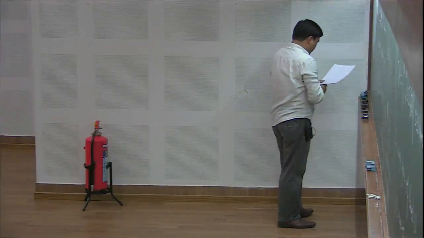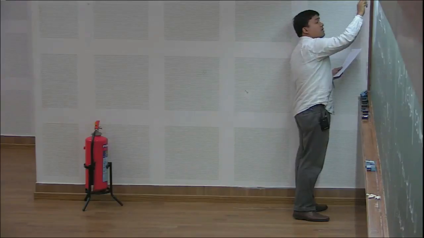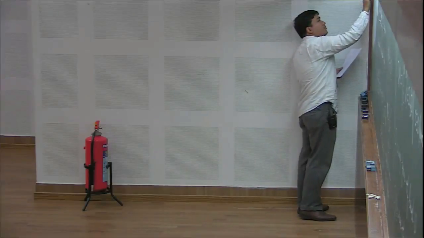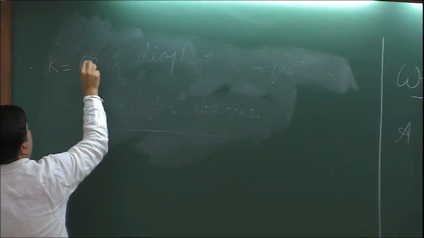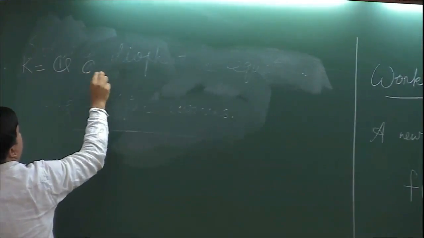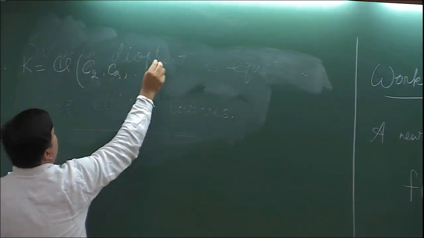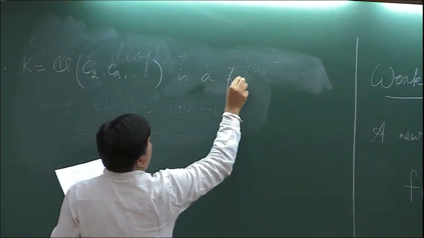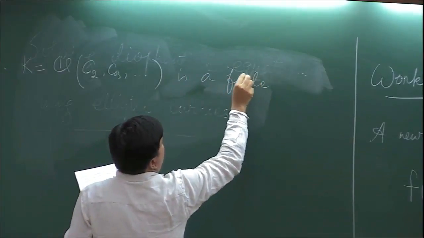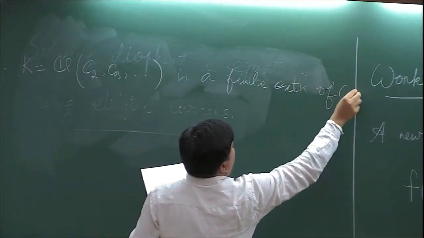Okay, so the other thing, the second fact, is that if you adjoin all the Ci's, say C2, C3, and so on, all the Fourier coefficients to Q, then this is actually a finite extension of Q. So it's a number field.